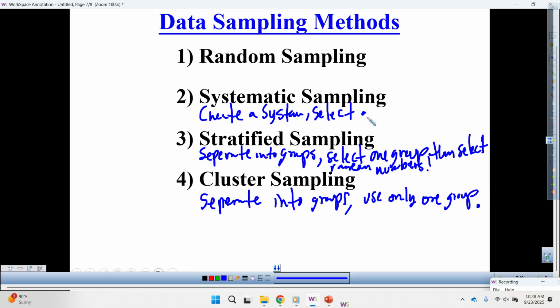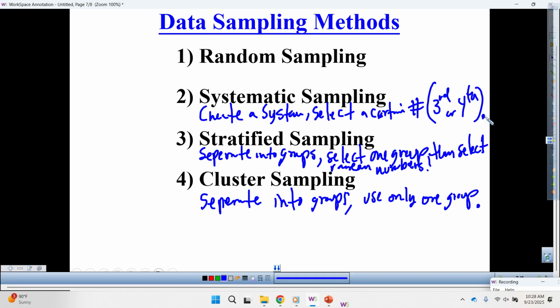Select a certain number, and in parentheses you can put the third or fourth or so on of your stack. So your system would be selecting like every seventh, every third. It's still random, but you have a system now in place.